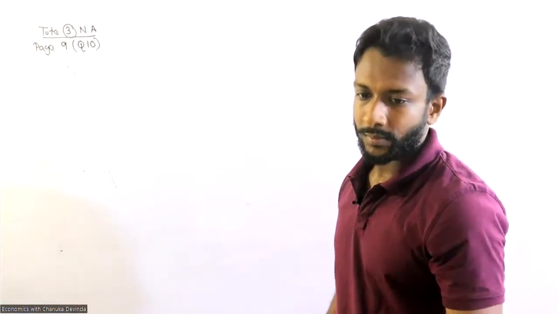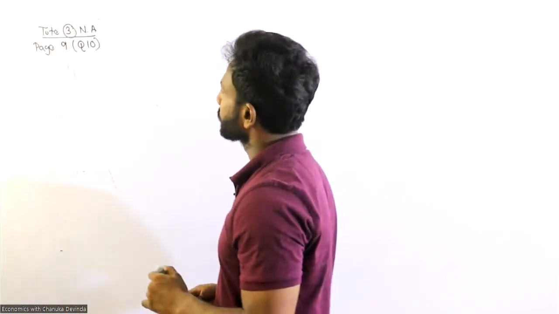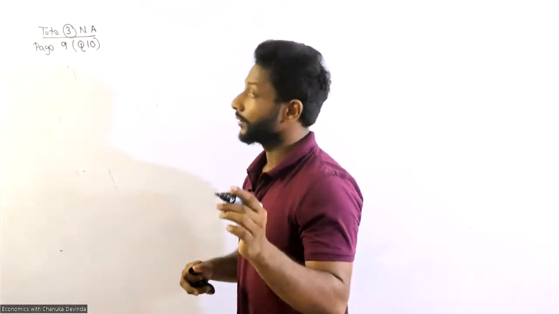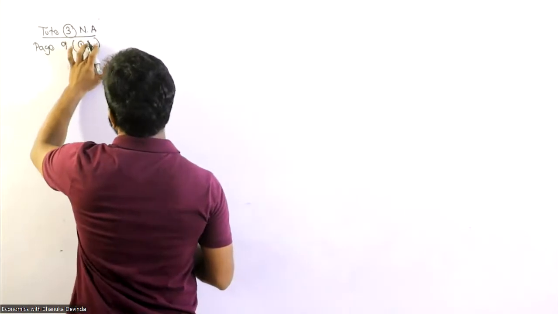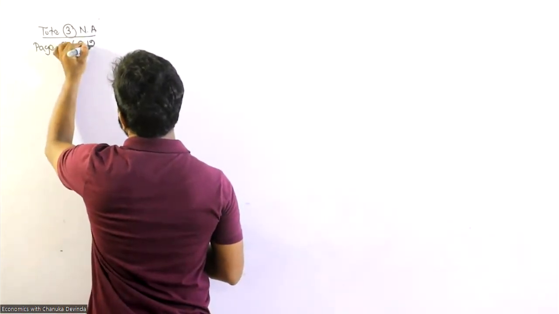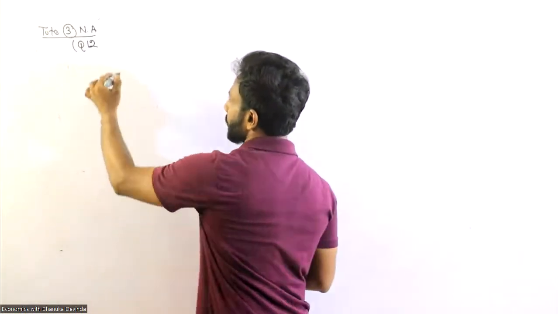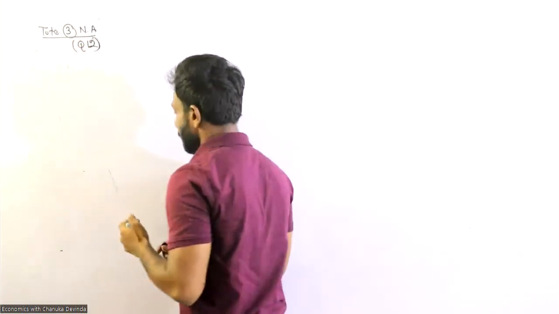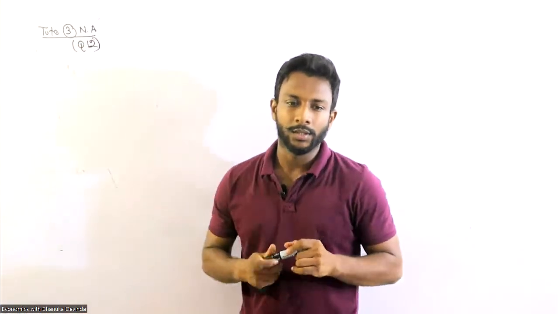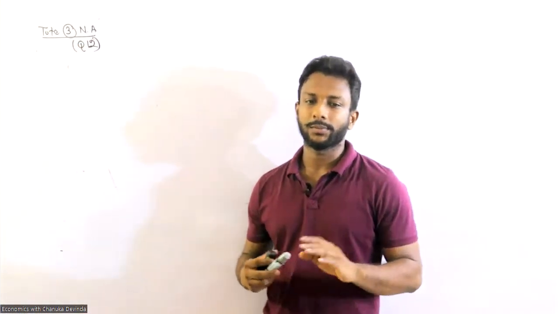Right. So it was question number 11, not the 10. Now question number 12. Previous one, question number 11. Here, question number 12. So what's question number 12? The following information is regarding a hypothetical economy.